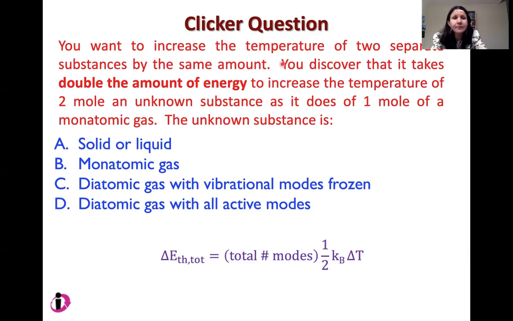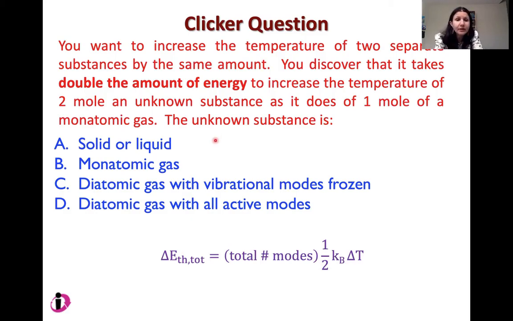But you discover, and you have 2 separate substances present here, that it takes double the amount of energy to increase the temperature of 2 moles of some unknown substance, compared to 1 mole of a monatomic gas. So you put in double the amount of energy to this unknown substance compared to 1 mole of a monatomic gas to get the same change in temperature.